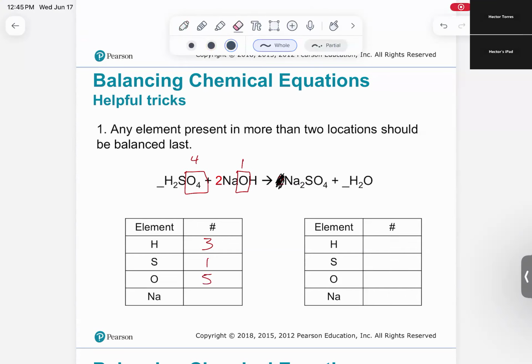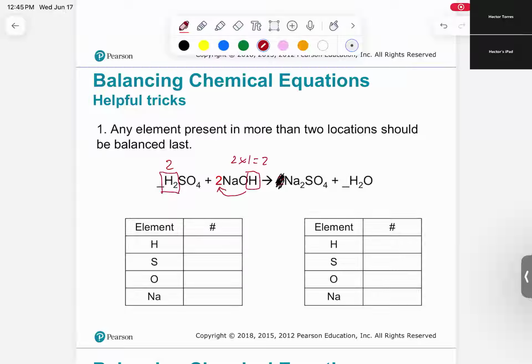Oops, I'm going to have to redo them because I forgot about the coefficient. So hydrogen, I have 2 here. Hydrogen over here, I have 1, but I forgot there is that coefficient, so it's 2 times 1. So there's 2 over here, and 4 in total.